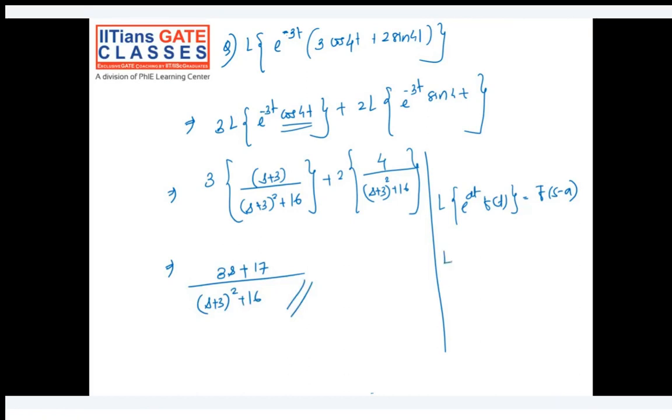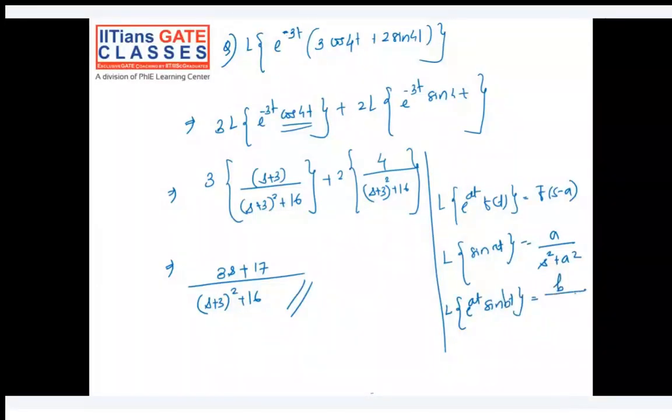Just to tell you, Laplace transform of sine of at is a divided by s square plus a square, and Laplace transform of e to the power at sine of bt will be equal to b divided by s minus a whole square plus b square.